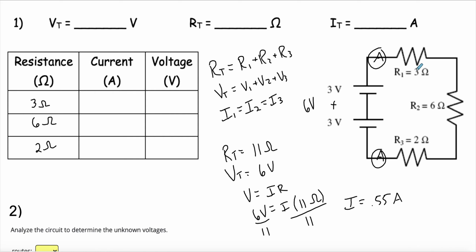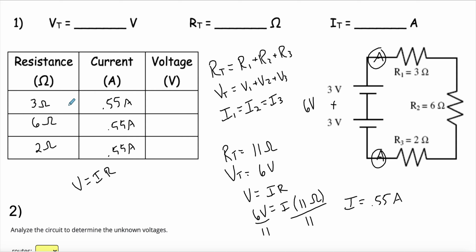So that's going to allow us to calculate the voltage in each one of these three now. So 0.55 amps for this one, 0.55 amps for this one, 0.55 amps for this one. So now we can either use our picture or we can just use Ohm's law right here. Okay, so it's again V equals IR, so it's going to be amps times resistance.